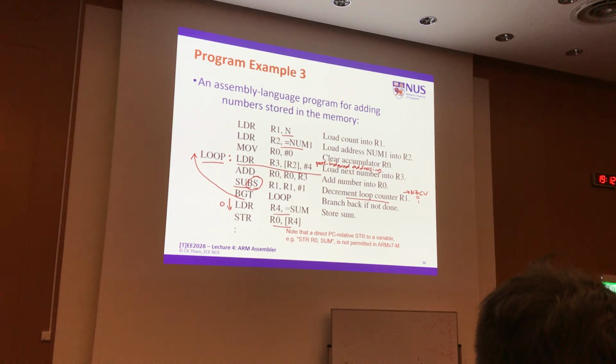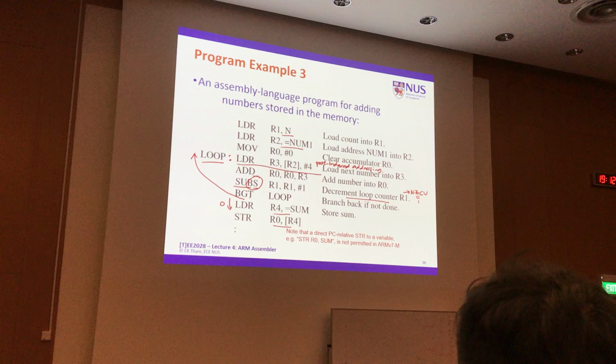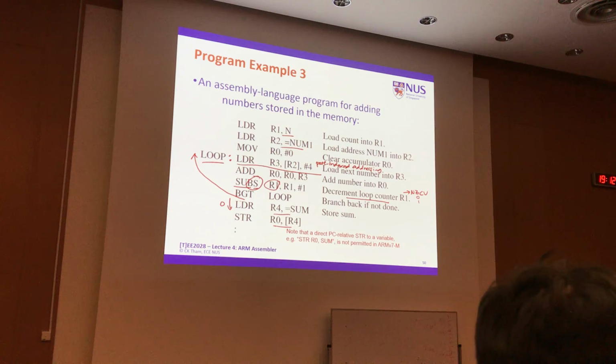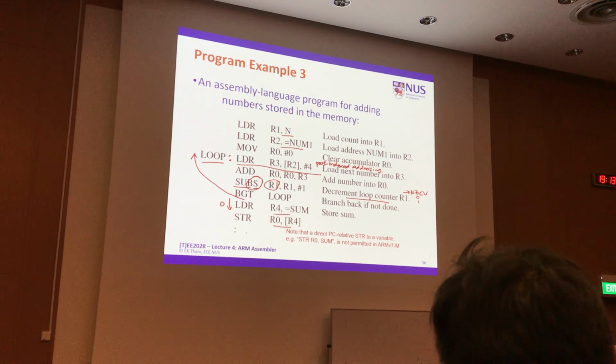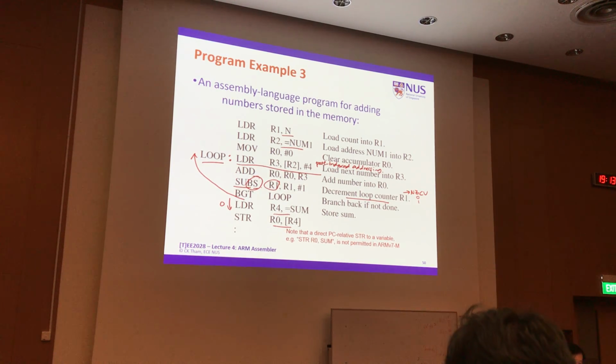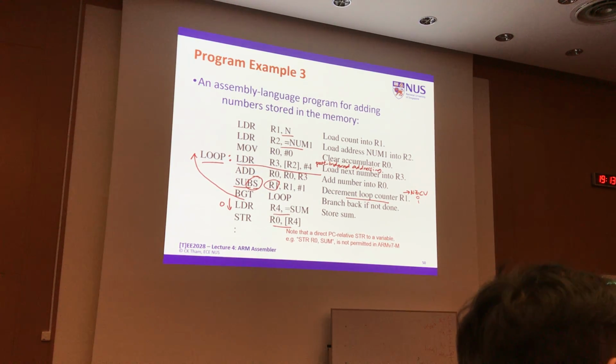As long as the value in R1 is greater than 0, basically the resulting value here is greater than 0, I will continue to loop. So I will satisfy that condition and loop again. So here can be GT, can be branch if not equal to 0, but once it's equal to 0, you will not branch, you will fail the condition, and do the next line.